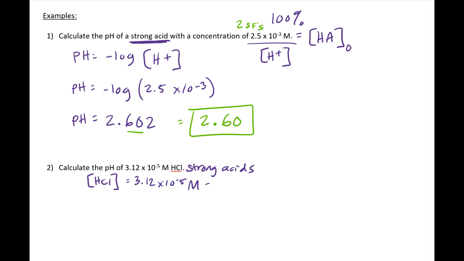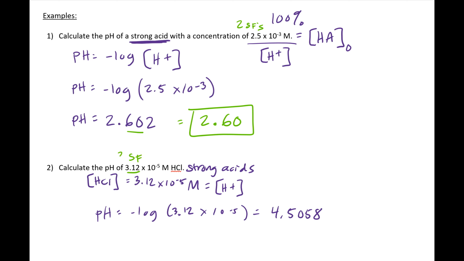And since this is strong, I know 100% of the acid is dissociating, so this is also the concentration of hydrogen ions. So pH is equal to negative log of 3.12 times 10 to the negative 5. I get an answer of 4.5058. For sig figs, my original value has 3 sig figs, so that means 3 decimal places. 4.506 is the answer.